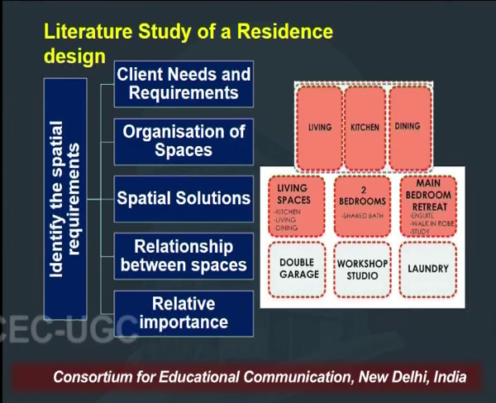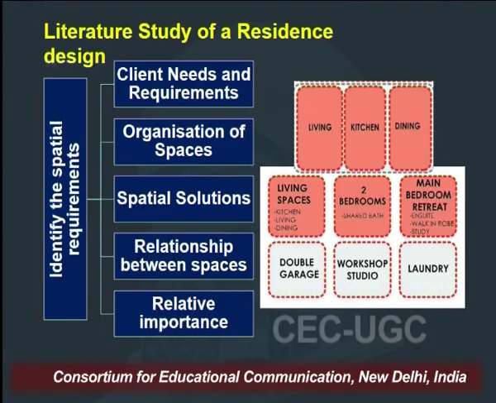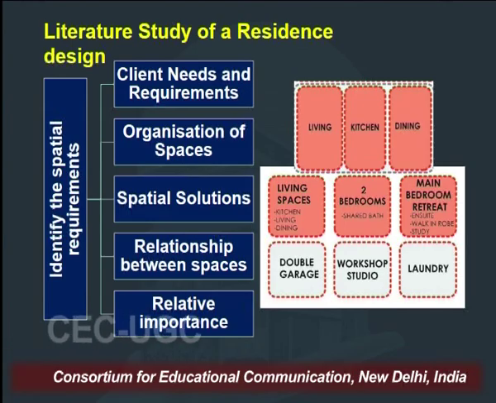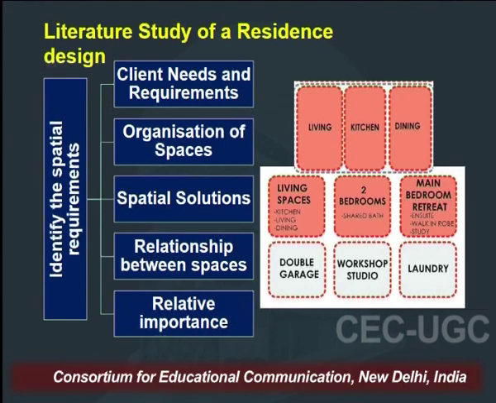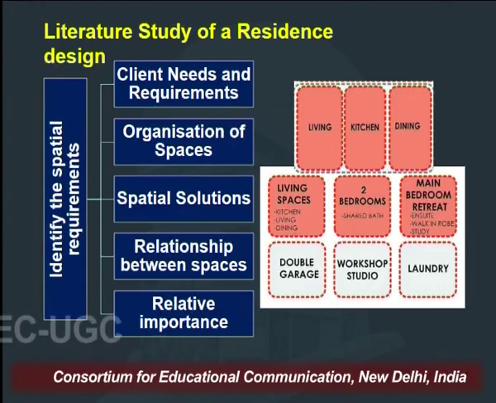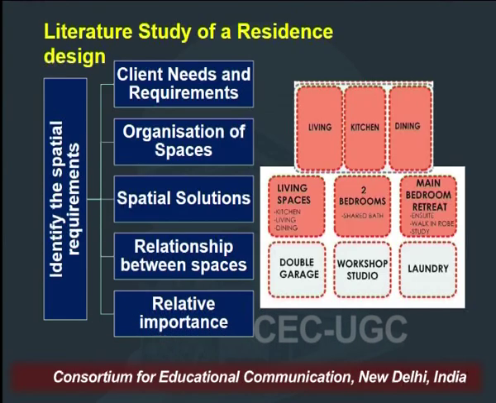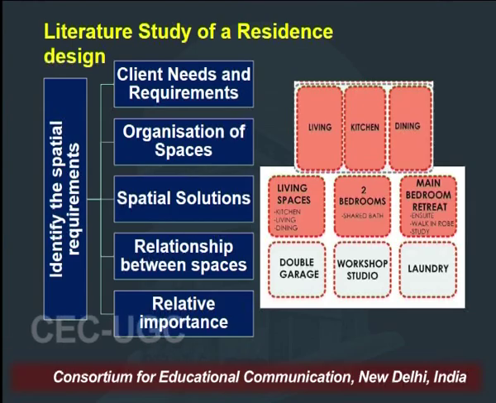Good organization of spaces will lead to a better spatial solution and will help you to make a better layout, and the relationship between the spaces has to be taken care of, and overall the relative importance of spaces has to be given enough coverage. For example, if you are doing a residence layout, the bare minimum requirement is a living space, the kitchen space and the dining space along with the toilets and the washroom.